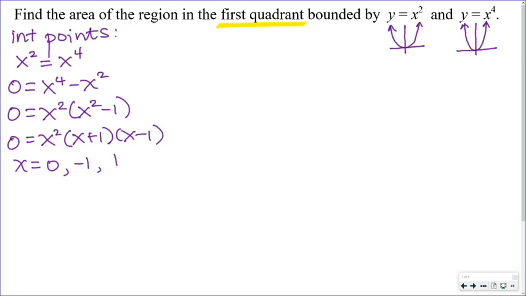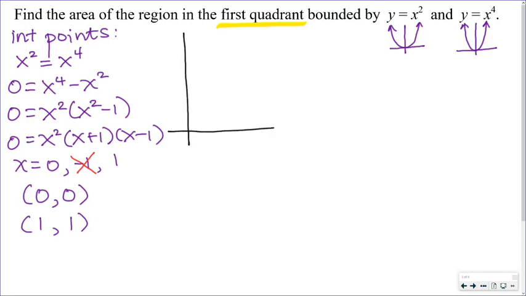And I don't really care about -1, because remember, we're only looking in the first quadrant, so that's irrelevant for me. So I only need the points x is 0 and x is 1. And of course, to get the ordered pairs, you plug the 0 and the 1 back into either of those two equations.